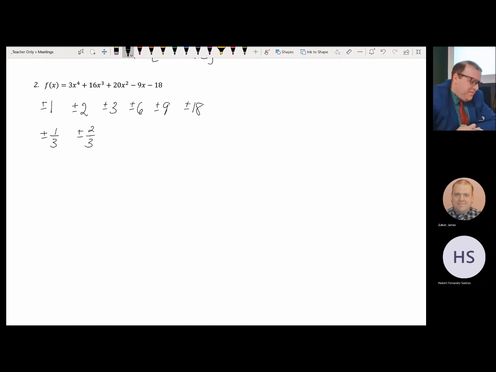Three divided by 3 is 1, which we already have listed, so no need to rewrite it. 6 over 3 is 2, 9 over 3 is 3, and 18 over 3 is 6. Those have already been listed, so there's no point in rewriting them. So this would be a list of the possible rational zeros.